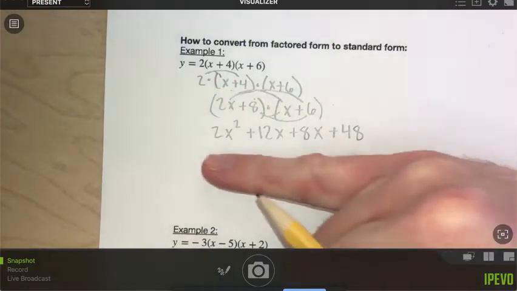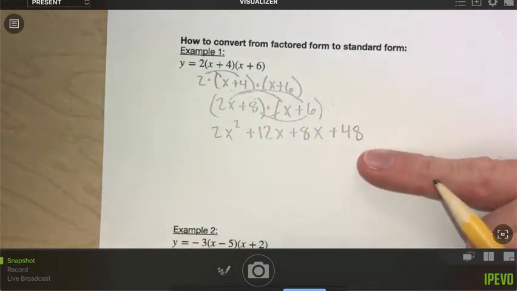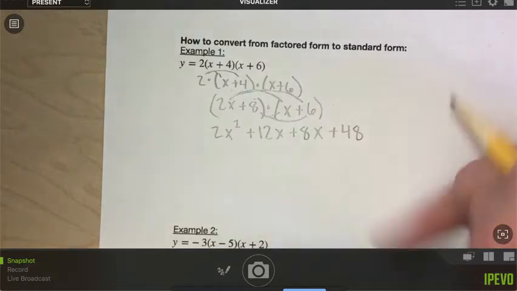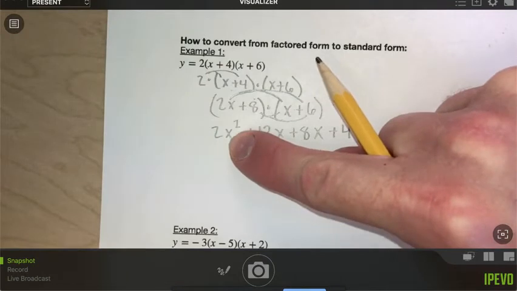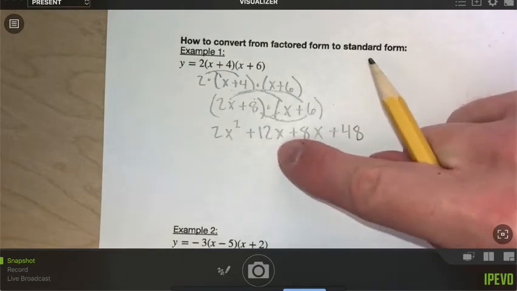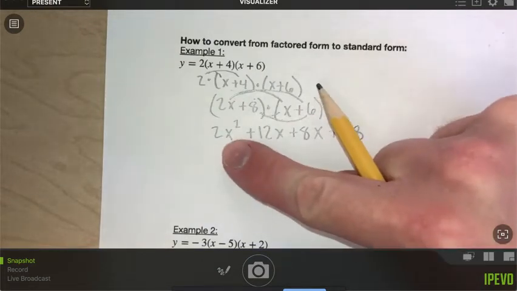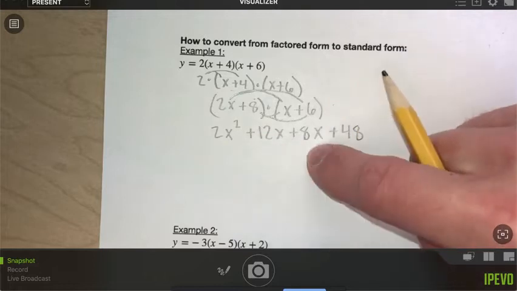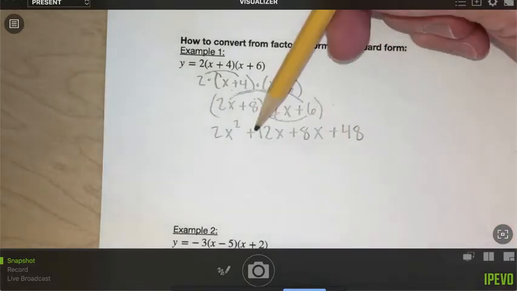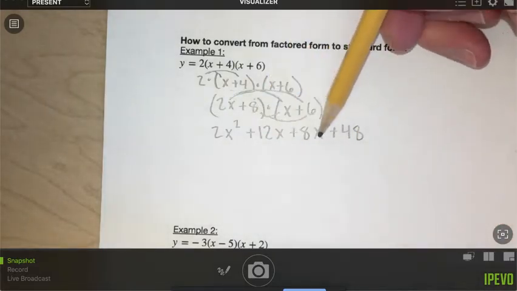So now I have all of this. In case you aren't aware, if an exponent is attached to a variable, it is not a like term to other variables without an exponent. So in other words, 2x squared is its own thing because there aren't any x squareds around. But you'll notice there's a plus 12x and a plus 8x.